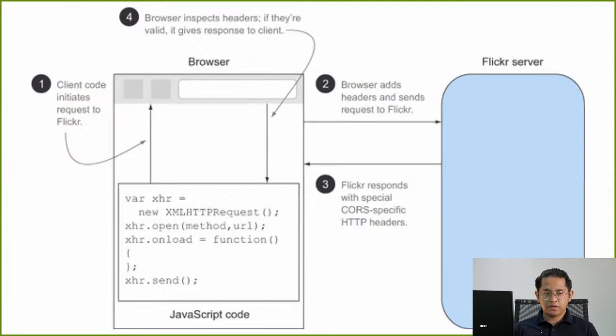And sometimes it will tell you that the origin is not the same. You are not allowed to request this because you are not part of the origin that is configured on the server.